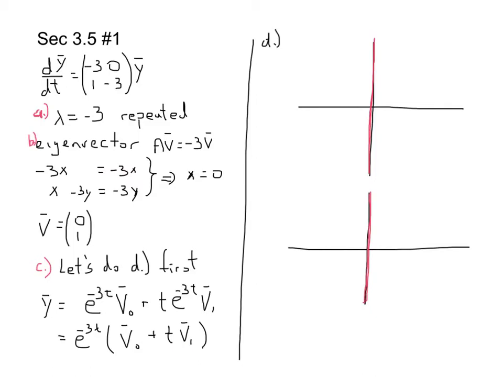And similarly, for large negative values of t, we will be coming into the origin parallel to v1. So I'm going to use blue on the top one. What I'm saying is, suppose this is an initial value. We have two choices.